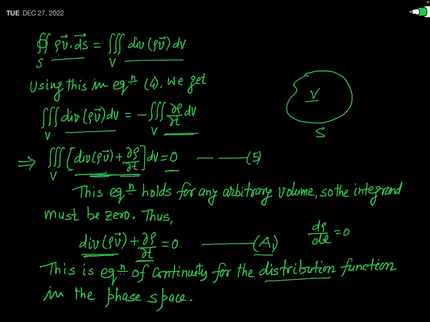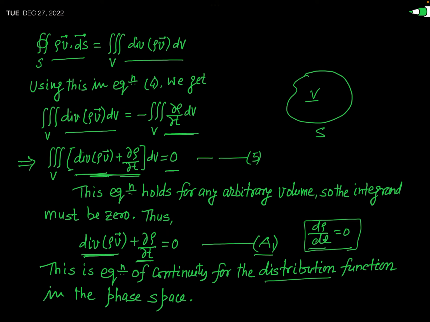So now we will try to transform this equation of continuity into this form, that is d rho by dt equal to 0. It means now we have to show that divergence of rho v plus del rho by del t will be equal to d rho by dt. Actually, till now in our discussion, we have not assumed a phase space, but only a geometrical volume, only a position space.